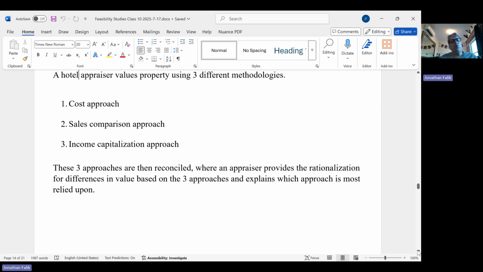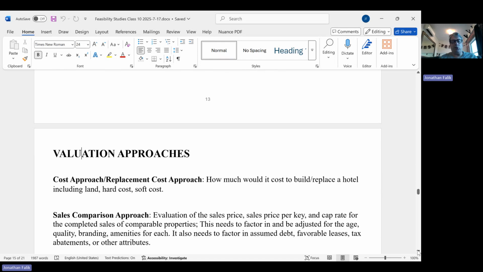So again, the most accurate but requires the biggest number of assumptions is the income capitalization approach, usually followed by the sales comparison approach, because you can get grounded in an understanding of what other hotels nearby in the area or similar are selling for, what have they sold for, and that's actual, right, versus income capitalization where you have to come up with assumptions for the future.